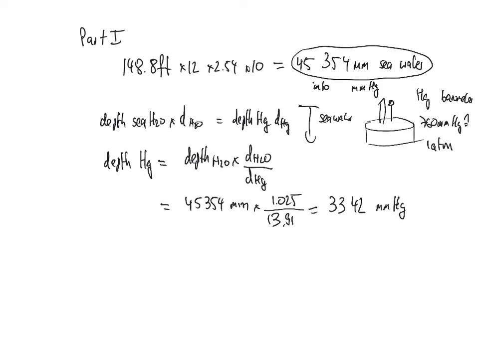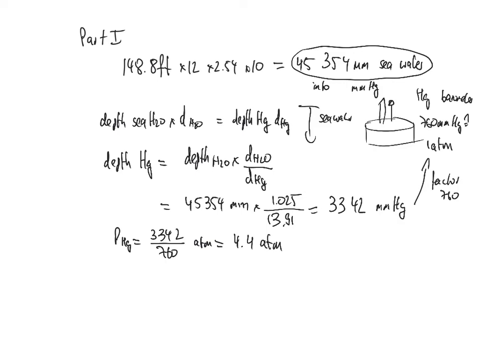Now, this little trick helped me to convert this depth into something that helps me relate to atm, because we know there's a factor 760. So if I take this number and divide by 760, the pressure of Hg is basically 3342 divided by 760 in atm, which gives me about a pressure of 4.4 atm.